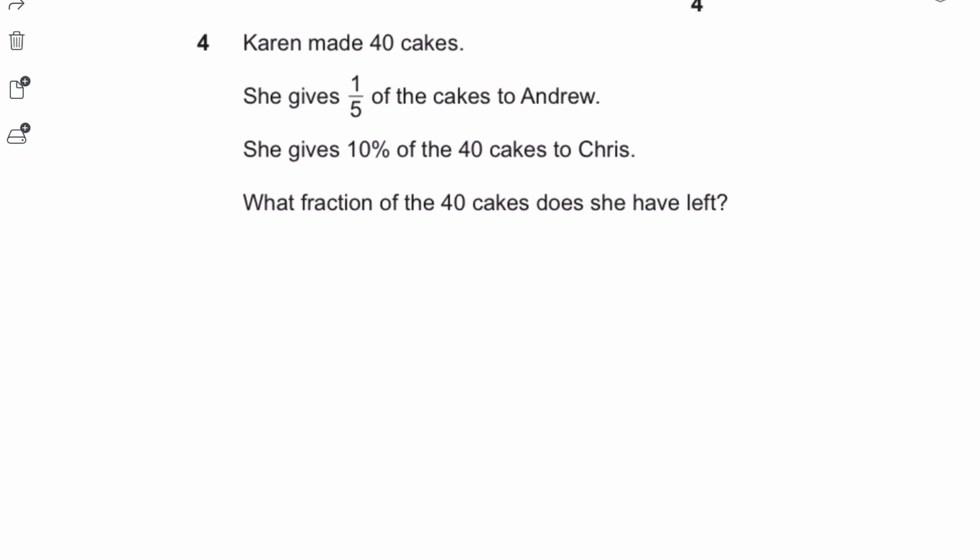Karen made 40 cakes. She gives 1/5 of them to Andrew. She gives 10% to Chris. What fraction of the 40 cakes does she have left? So 1/5 is 20%.